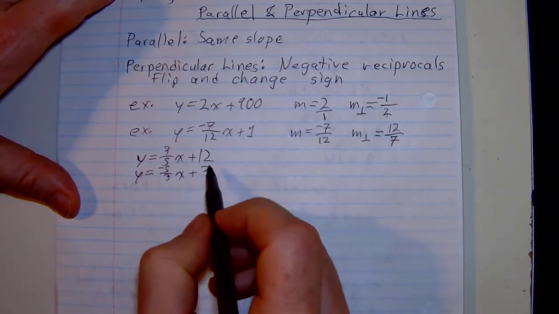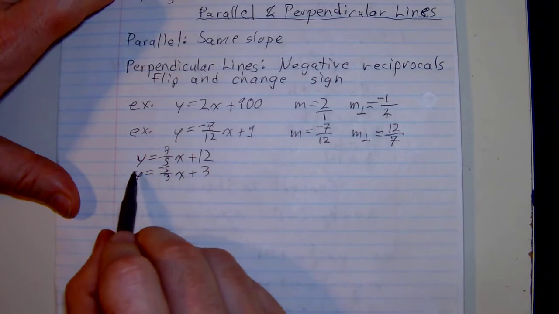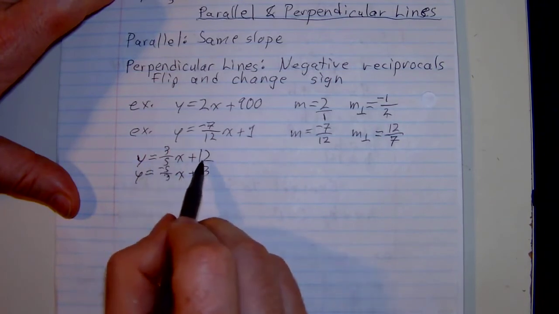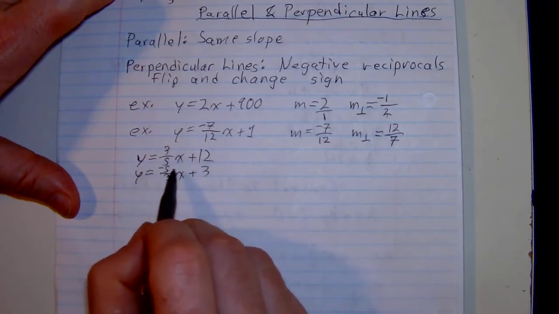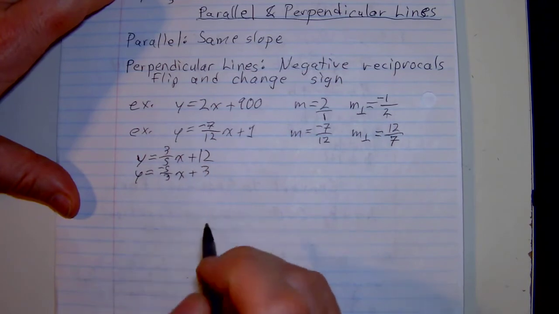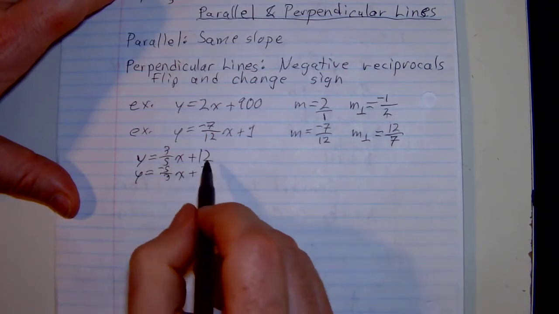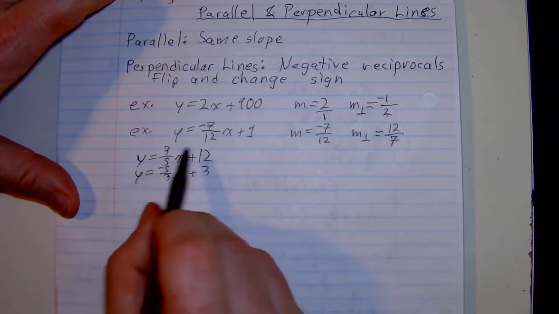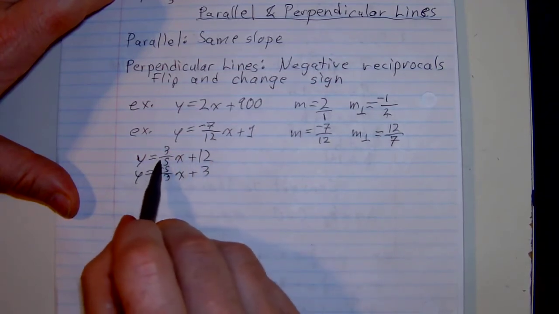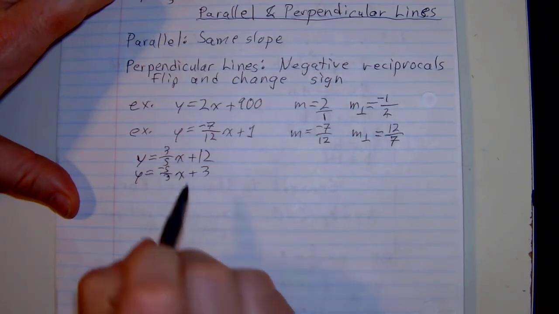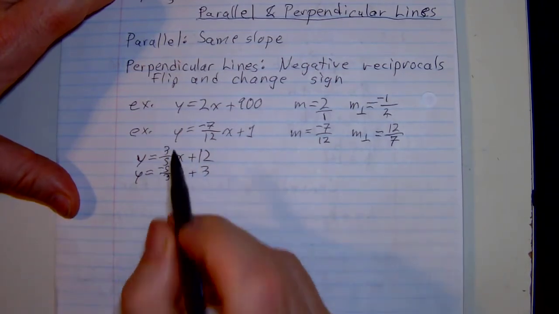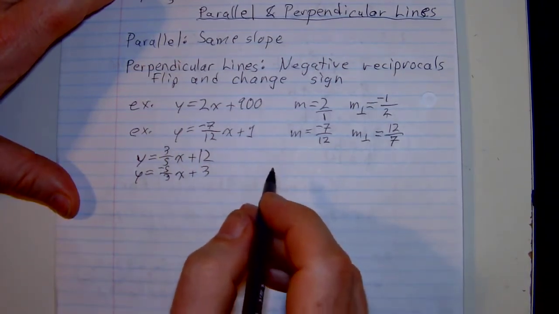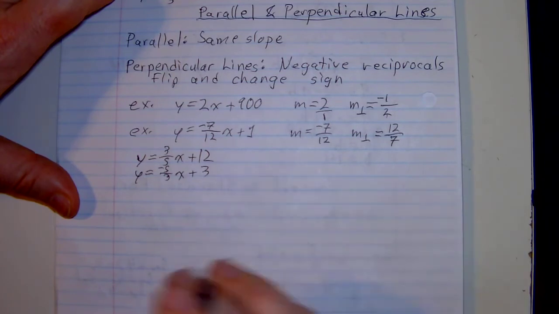Well, when you do this, always start by arranging the line into slope-intercept form, because you need to see the slopes, and we kind of need the intercepts for a little piece of this as well. So if it's in some other form, rearrange it, get the y by itself on one side, and simplify everything else down so you have y equals mx plus b. And then once you can see the slopes, start your evaluation of whether they're parallel or perpendicular.